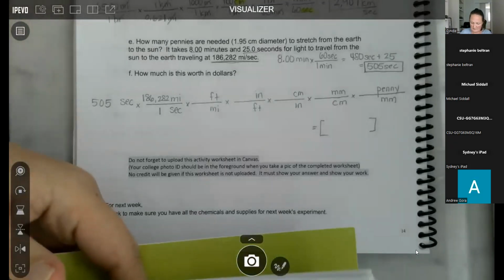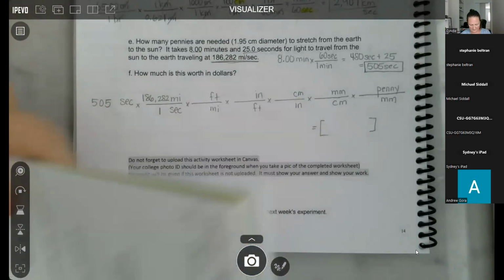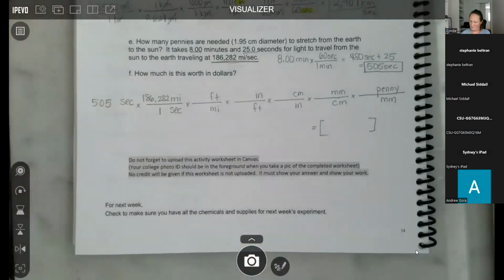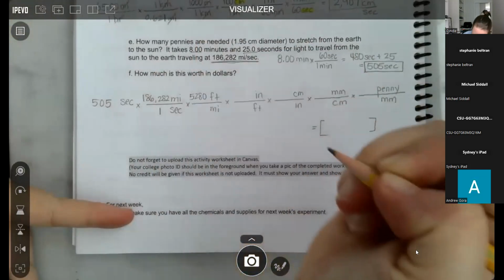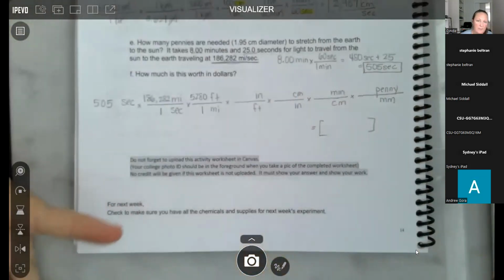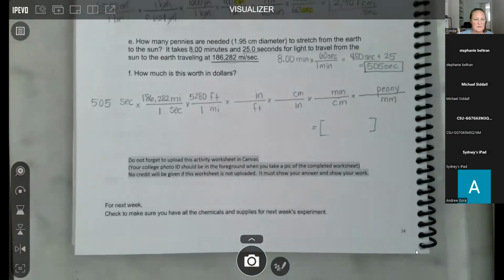5280 feet is what I had looked up per 1 mile. All of these are drop downs, so it gives you choices.